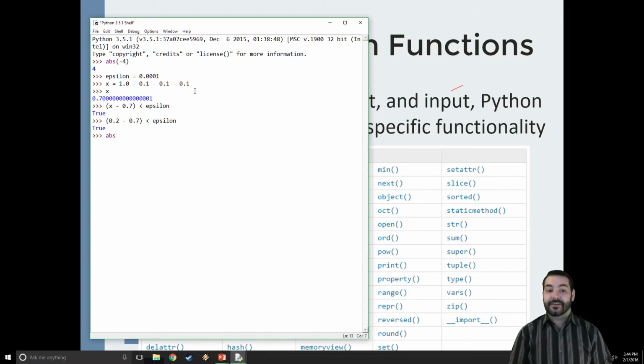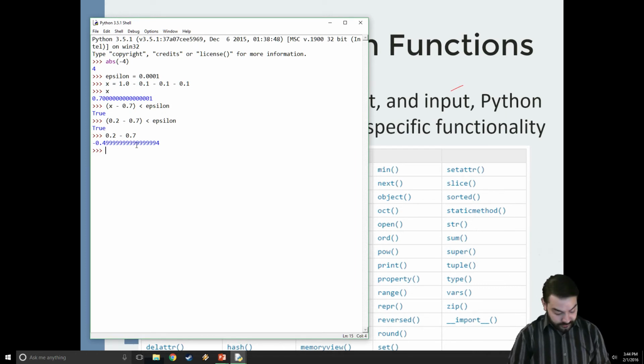That's where abs comes into play. The reason why this works is because if we take a look at that, 0.2 minus 0.7 gives a negative number. As we can see, that is still less than epsilon. So the problem is we have to fix this.